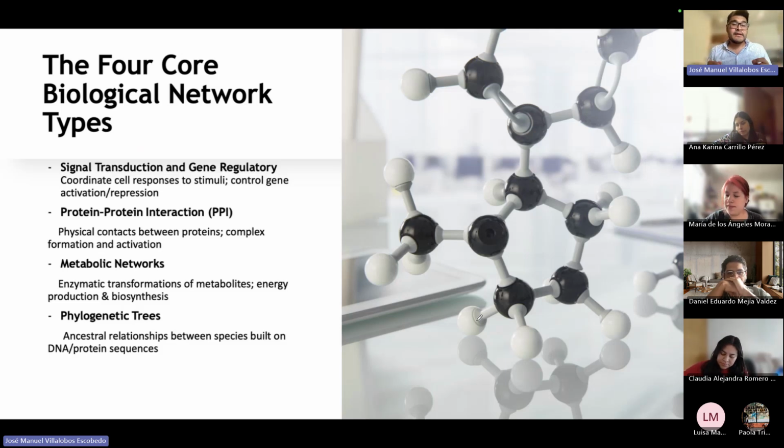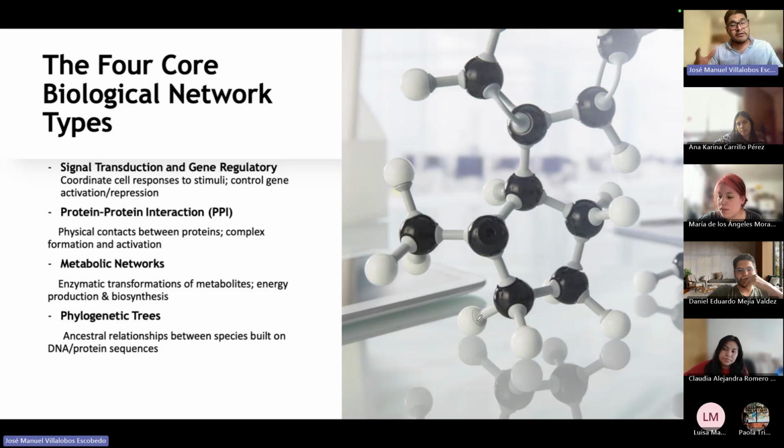Even some of them only work when they are forming a complex. And these complexes are super important to know if something is necessary in some context of the cell. For example, some transcription factors need to be together with another protein to be able to detect the region of the DNA that they need to regulate.